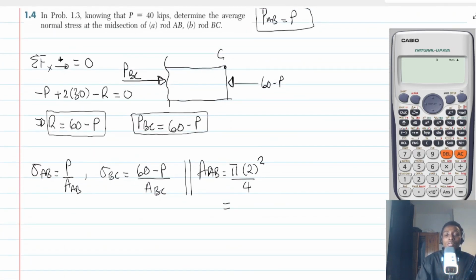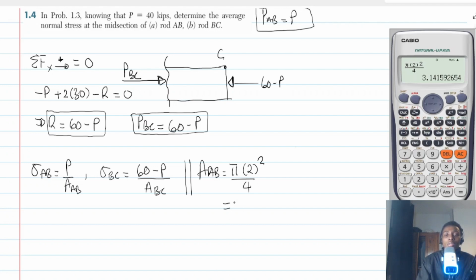So pi multiplied by 2 squared divided by 4, and that is 3.142.